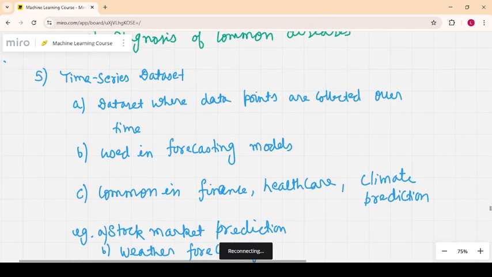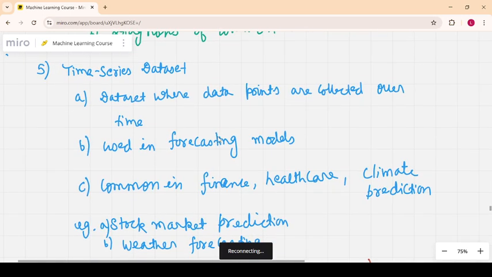Time series data sets incorporate time, which is very useful when you are building an AI model for forecasting, such as weather, in the finance sector, and in the healthcare sector. You need to consider the previous history of the patient, then you will be able to take intelligent decisions based on the patient history.